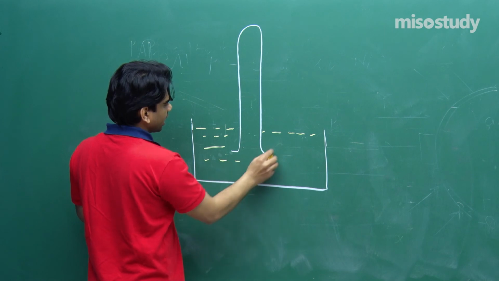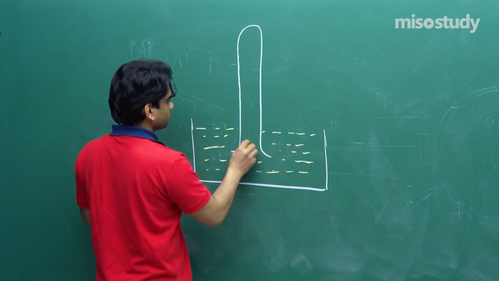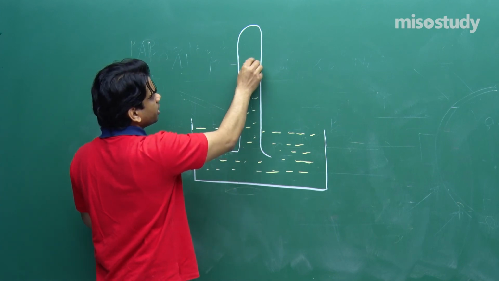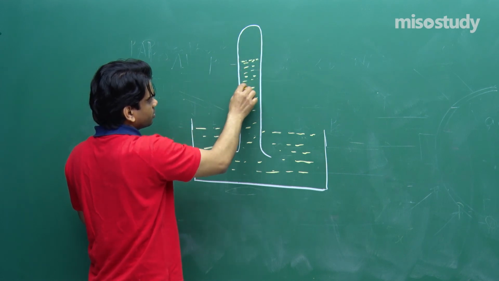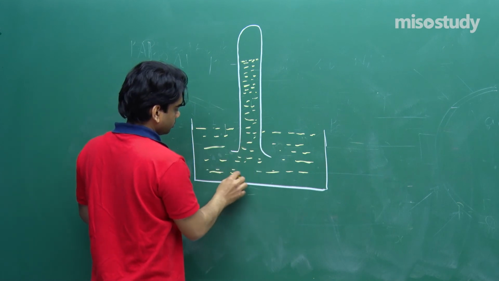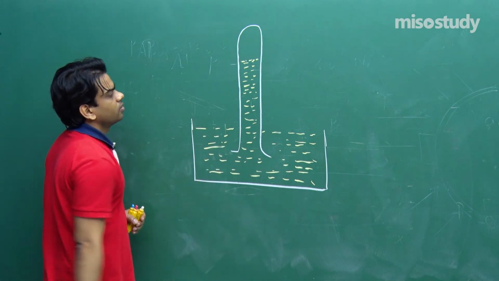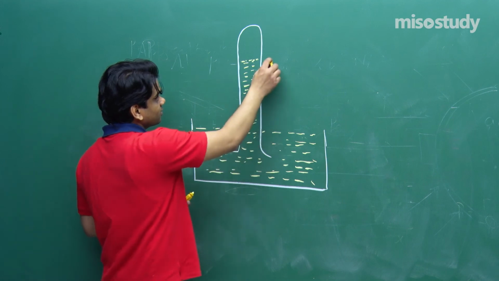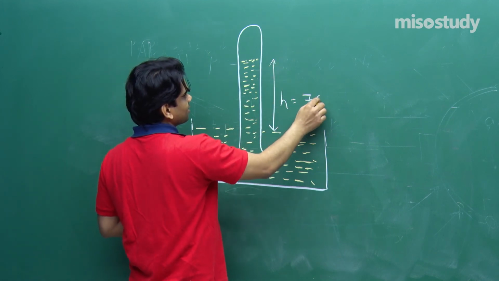He found that the mercury level came down, and this much part was left vacant. This is the situation we arrive at after his arrangement. He saw that this height is equal to 76 centimeter.